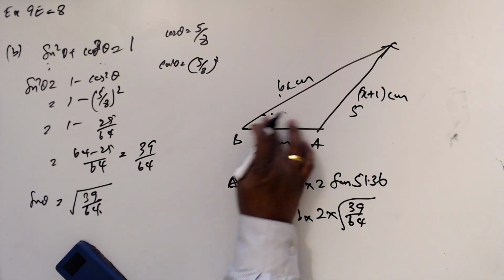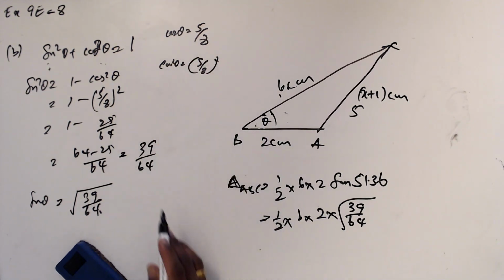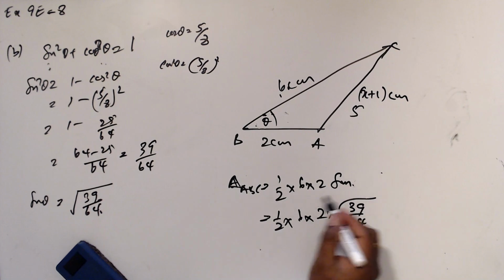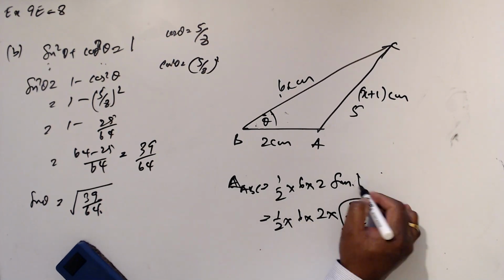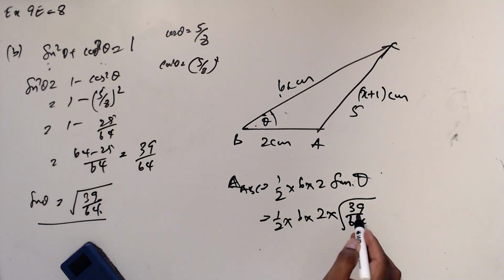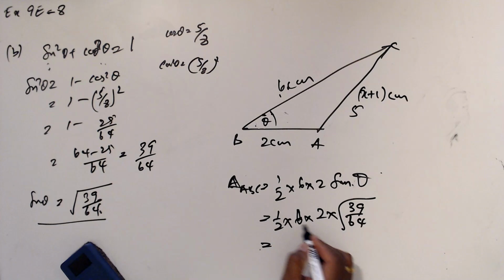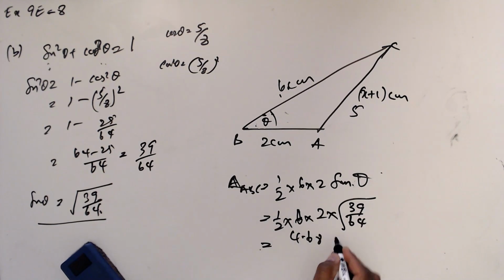So this angle you don't know, you know only cos theta is 5 over 8. Now you found out you want half times 6 times 2 times sine theta. So sine theta you found out this one, and then you can get 4.68 square centimeter.